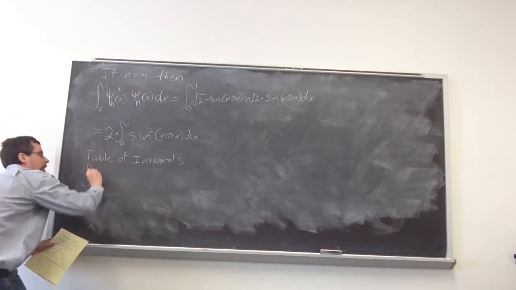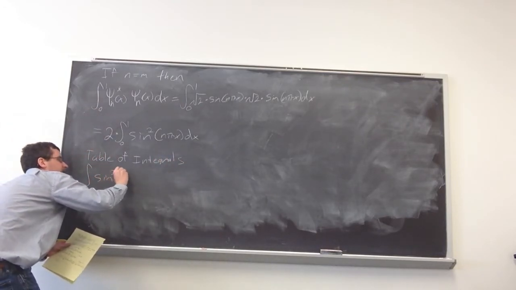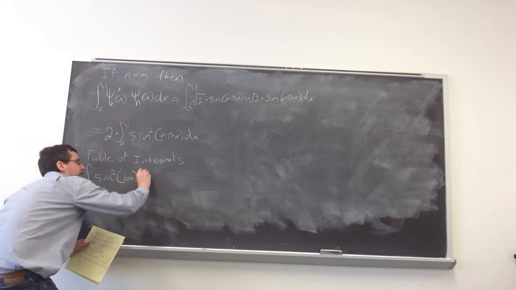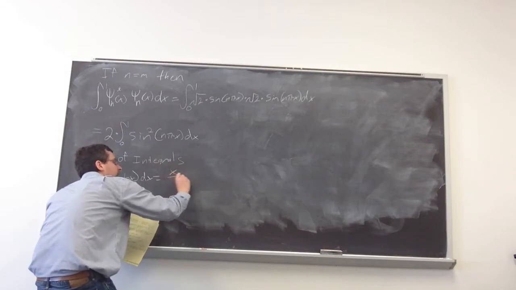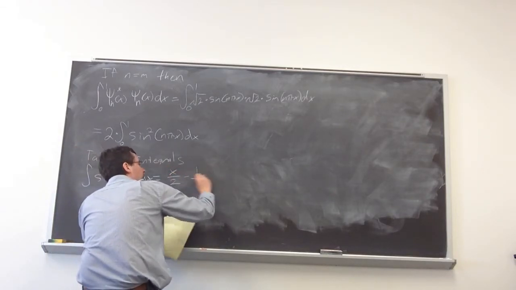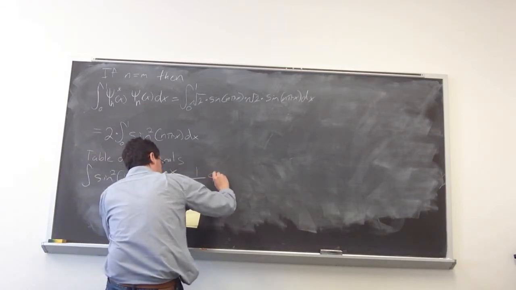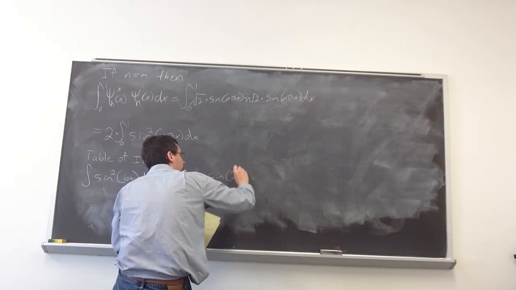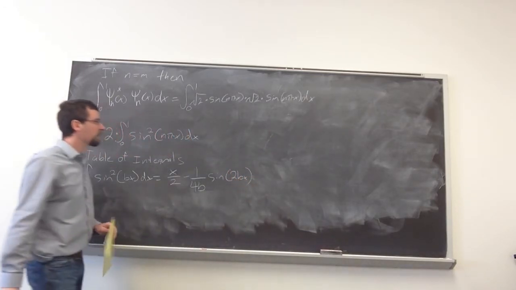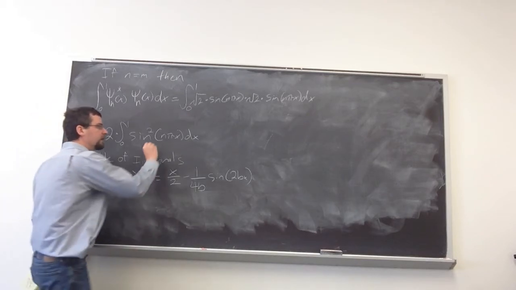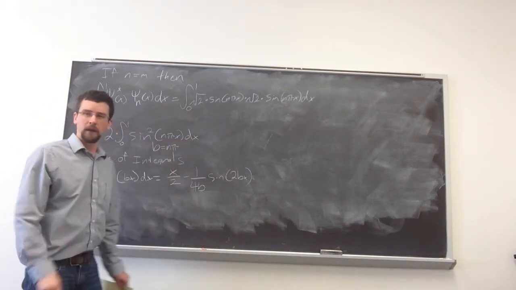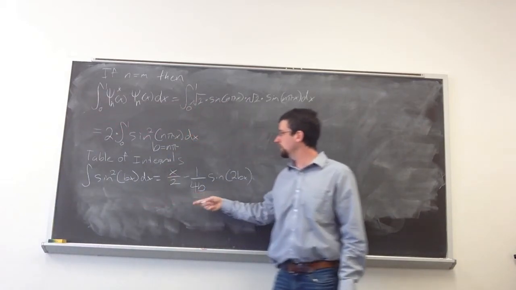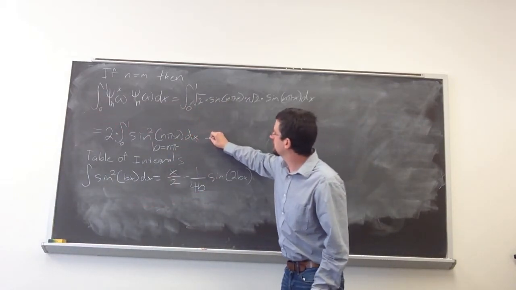From the table of integrals, you get the integral of sine squared bx dx is equal to x over 2 minus 1 over 4b sine of 2bx. In this case, our b is going to be equal to n pi. So we can use this to solve this integral.